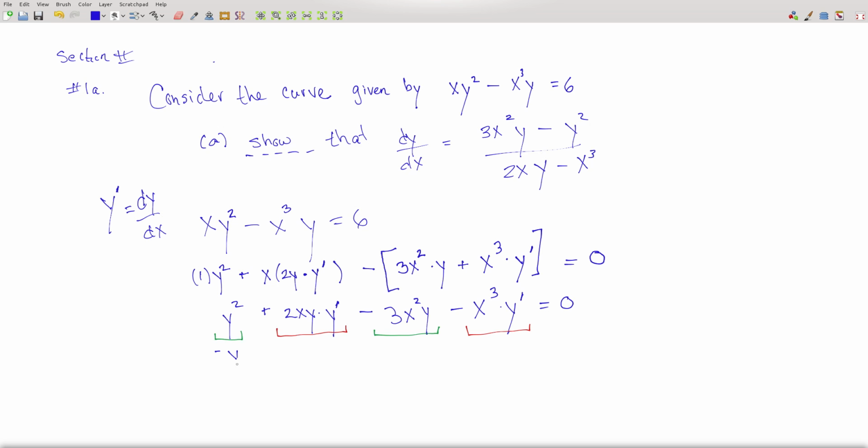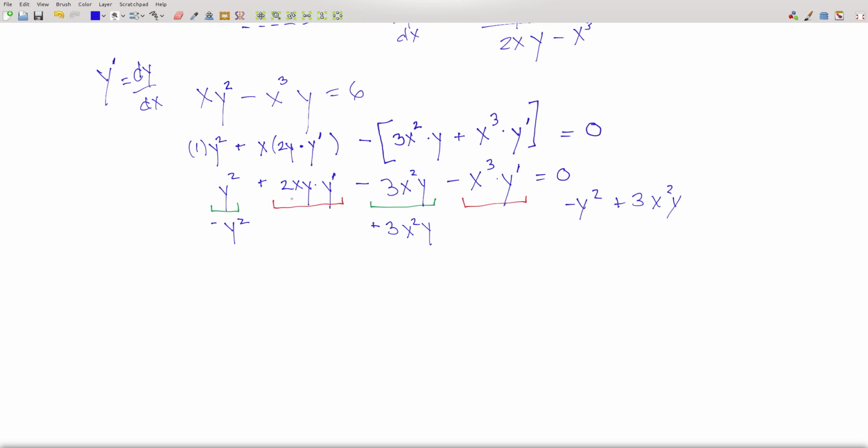So let's subtract a y squared from both sides. This is 0 minus y squared, and this is minus 3x squared y, so its additive inverse is plus 3x squared y. So over here I'm adding plus 3x squared y. And what do we have? So this goes away. I can bring down 2xy y prime minus x cubed y prime.